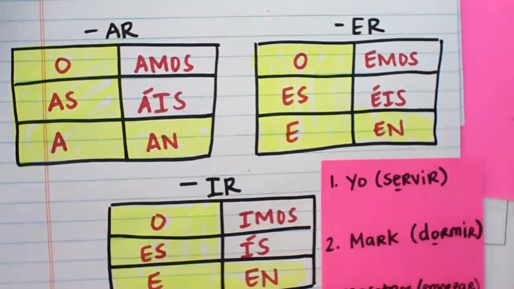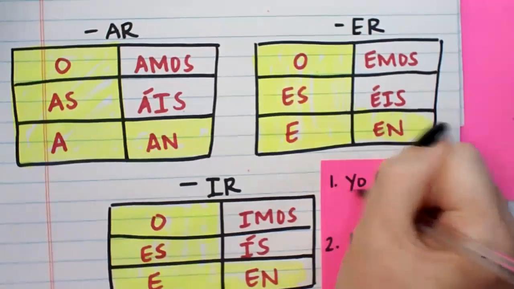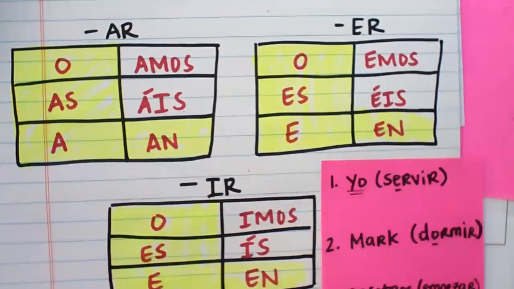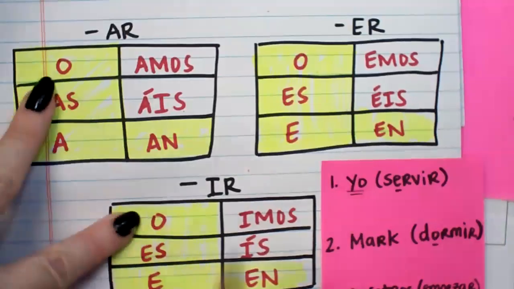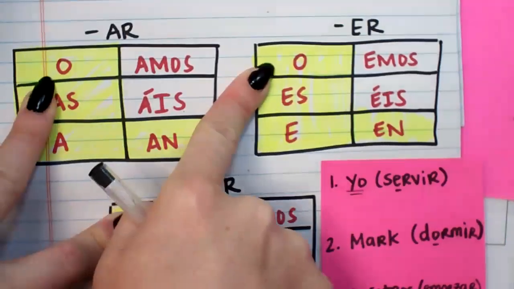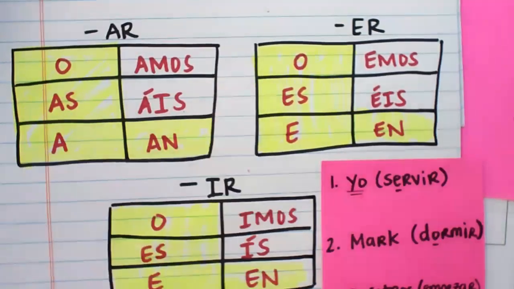Following the notes that we took earlier, we have to identify the subject, which is yo. And we have to determine, is that going to receive a stem change? So we know that yo is in this top left box. So yes, it is inside of the boot, so it will receive a stem change.